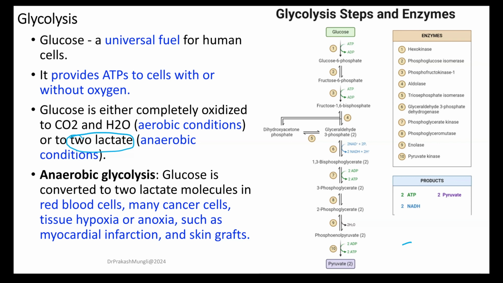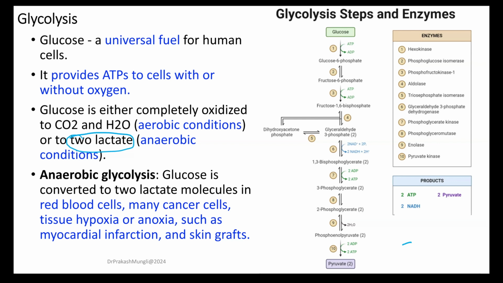If you don't answer that, they will blame you, me. Who is your teacher? Who is your professor? Dr. Mungli, what did he teach you? If you don't know that, no one says, but they think like that. Because it's a fundamental information. Glucose to lactate, that happens in anaerobic condition.